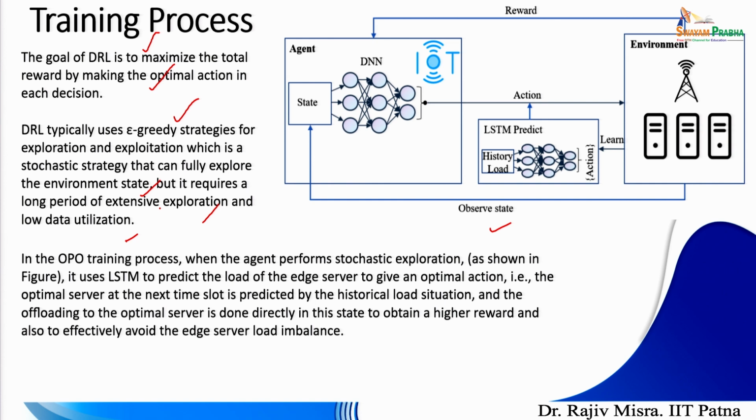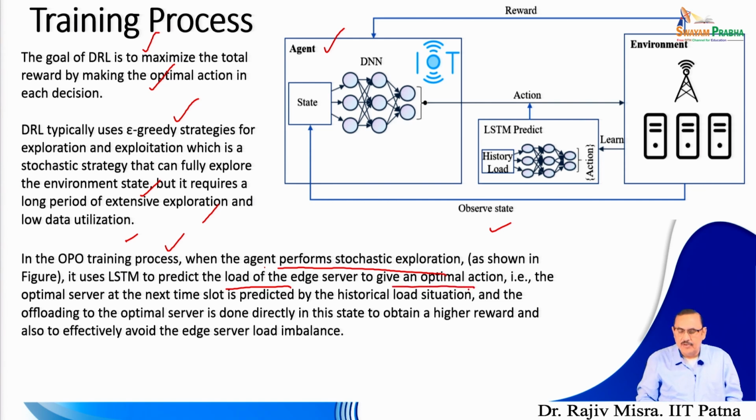Now, in the online prediction algorithm training process, when the agent performs a stochastic exploration shown in the figure here, it uses LSTM to predict the load of the edge server to give an optimal action.